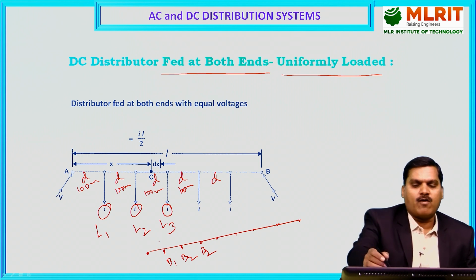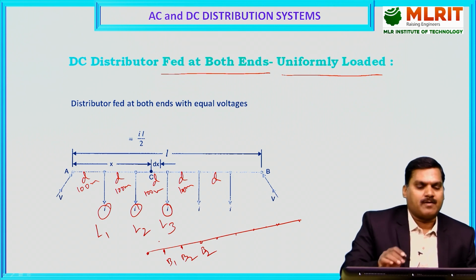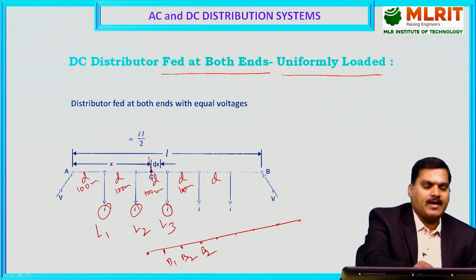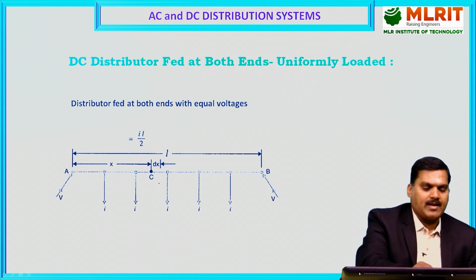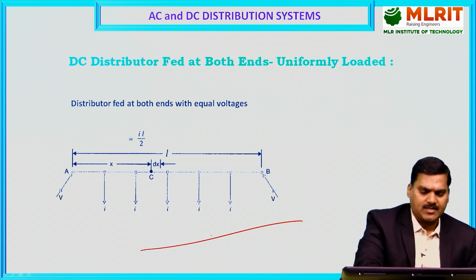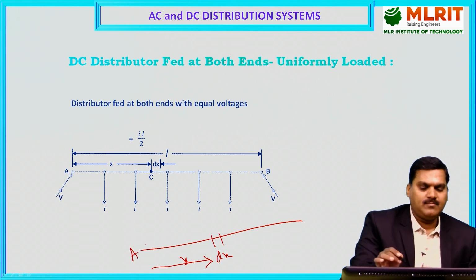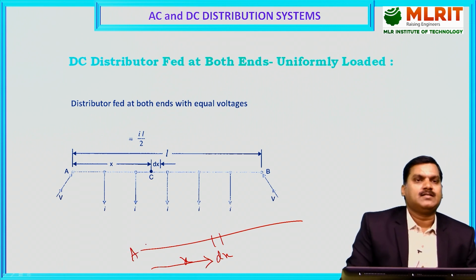For analysis of a uniformly loaded system, generally we take an elemental length. If you have a complete section, you take a small length dx at x distance from one end, and then you analyze the system. That analyzing part we will see in the next session.